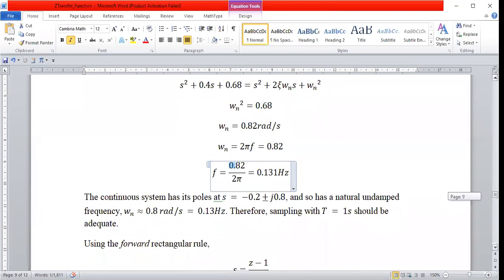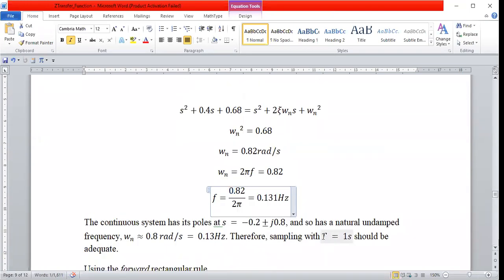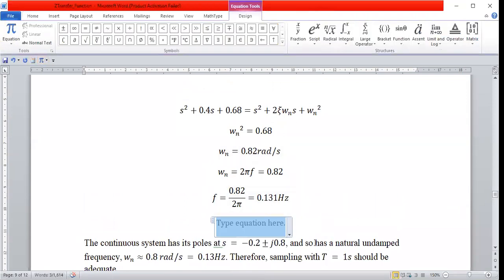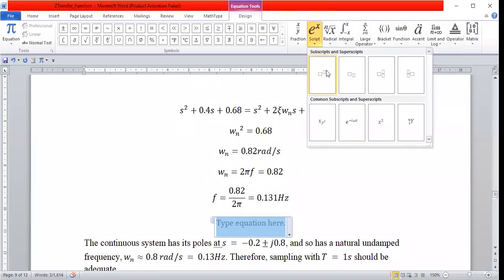Let me tell you the reason why we are doing this. The reason is to get the sampling time T. You need to sample, so let me just write.